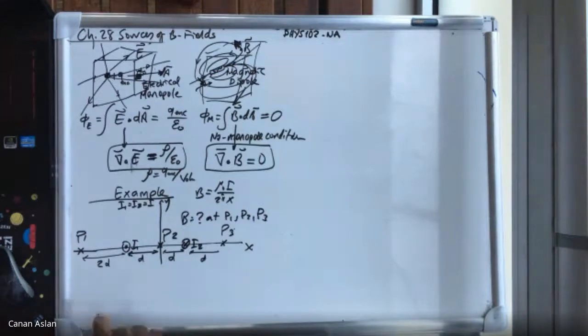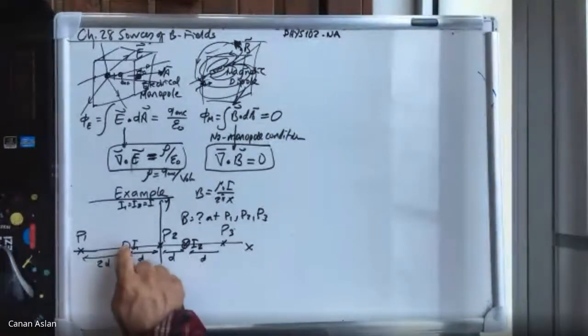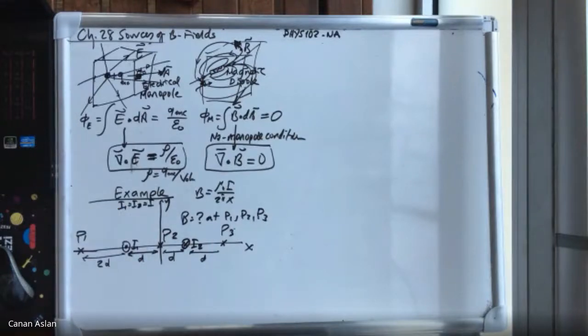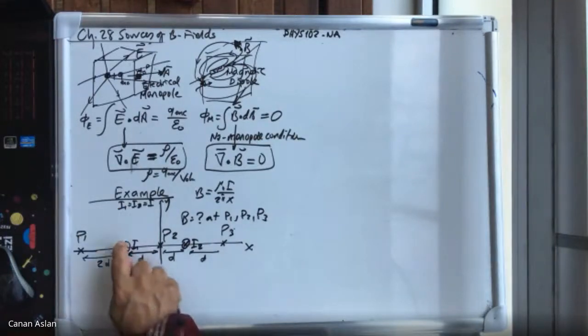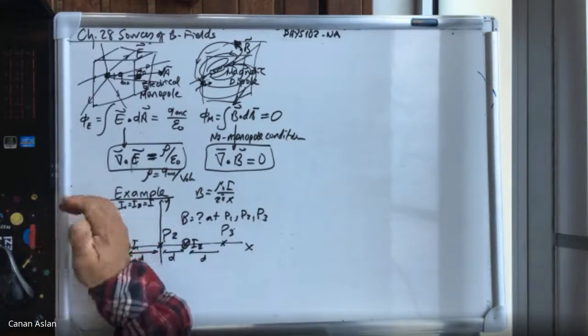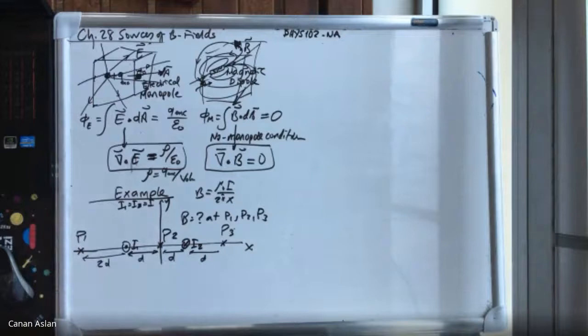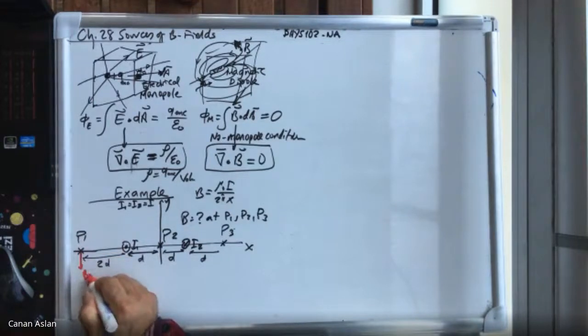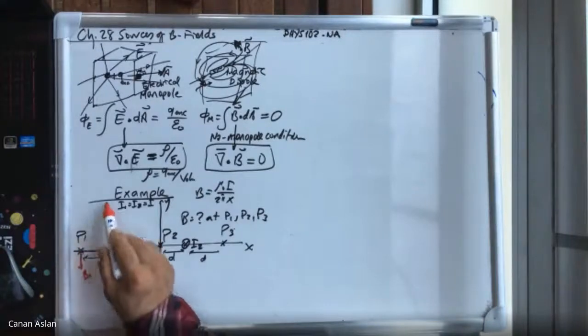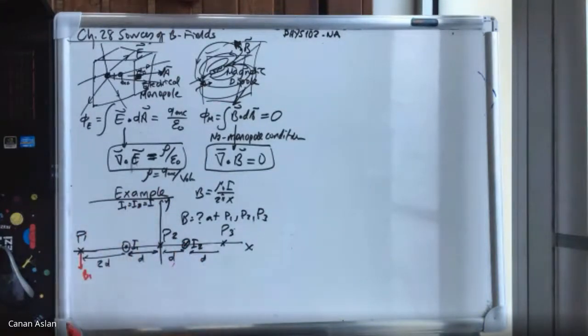But now the direction of the magnetic fields is important, because we have to consider our right-hand rule. For I1, the current is up, so the magnetic field at P1 will be downward. This is B1 due to I1, downward, because there will be circulation, and I'm not drawing this circulation so as not to get confused.